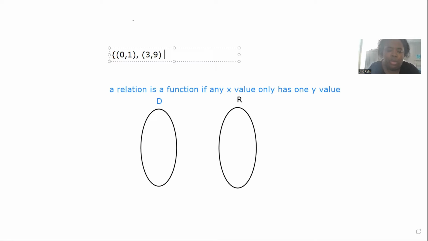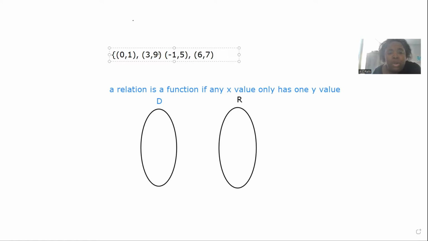And so what you would do is you would take these coordinates, you would separate them by X and Y to state whether or not they're a function. And so you want to look at all of your X values and say what they are. So we have an X of 0, X of 3, X of -1, and X of 6.